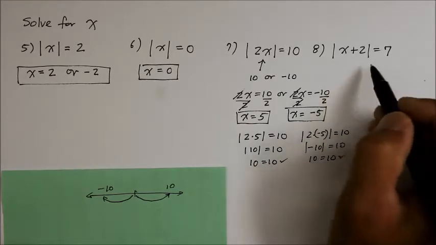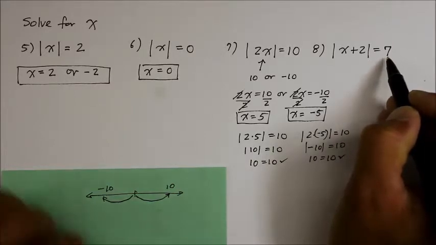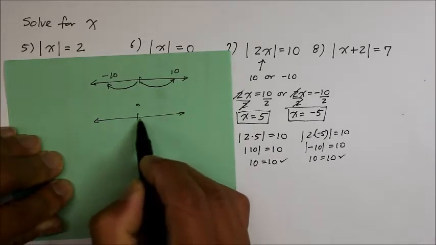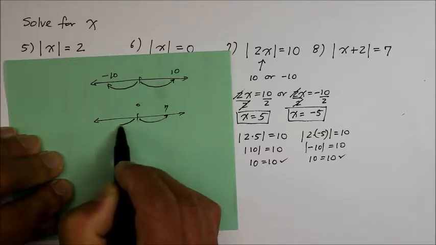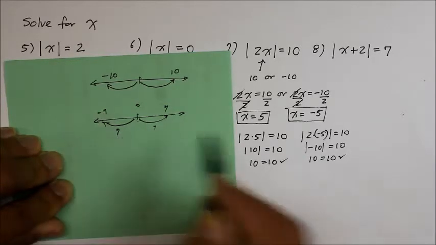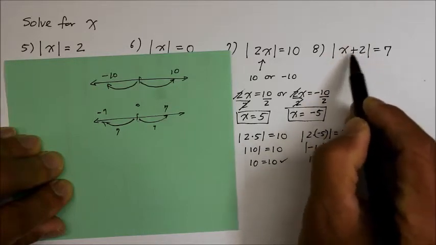All right. So you said, if you went 7 units from the origin, where will you be? Well, if you went 7 units to the right, that'll be positive 7. But also, if you went 7 units to the left, it'll be negative 7. So this expression has to equal 7 or negative 7.